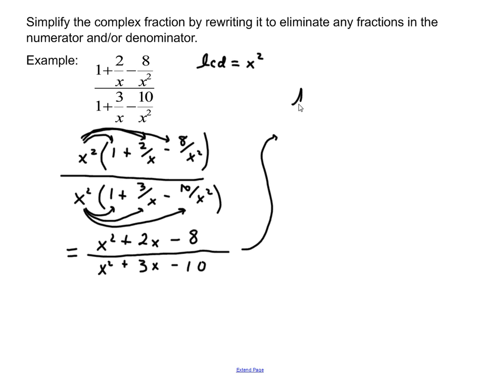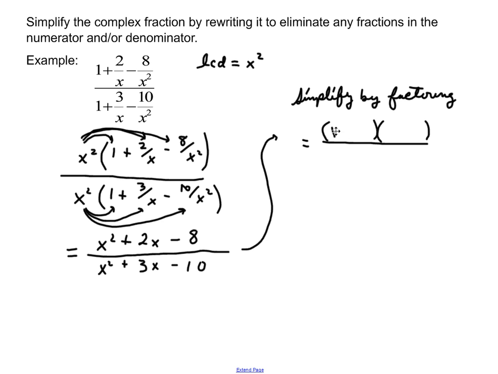Now we can simplify by factoring. Carrying that out, in the numerator, our two factors look to be two binomials whose leading terms multiply to give us x squared, whose constant term, negative 8, factors as positive 4 and negative 2, which would give us x squared plus 2x minus 8 when we FOIL.